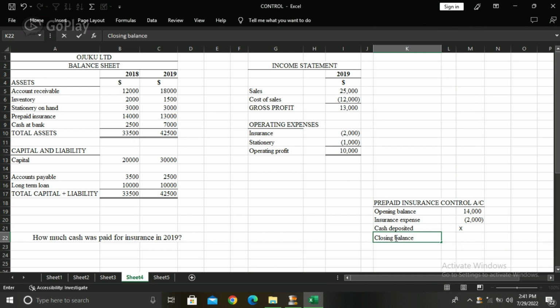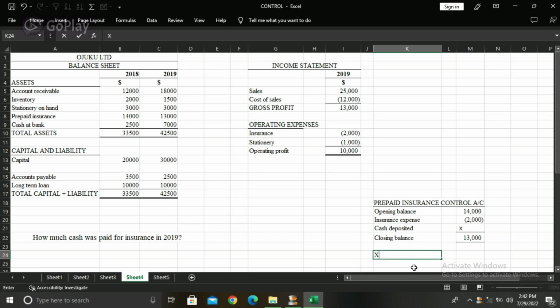Here the closing balance for prepaid insurance is 13,000, so I'll bring the 13,000 here and underline it.